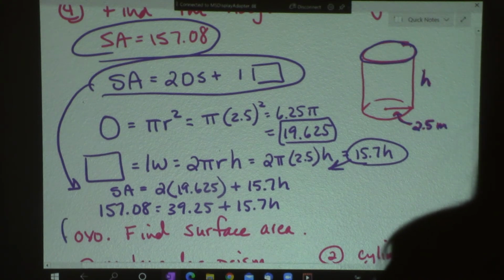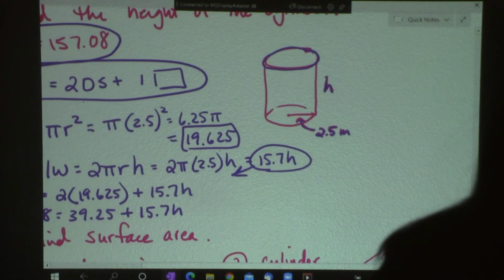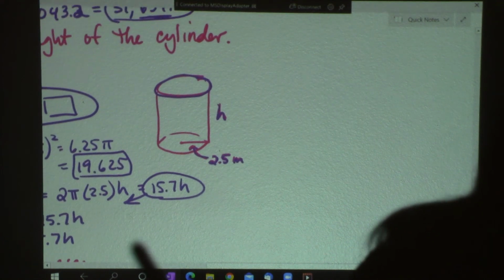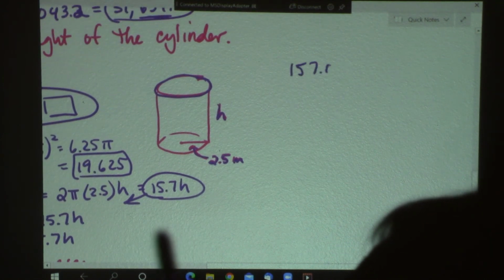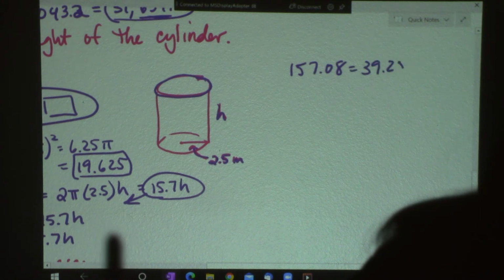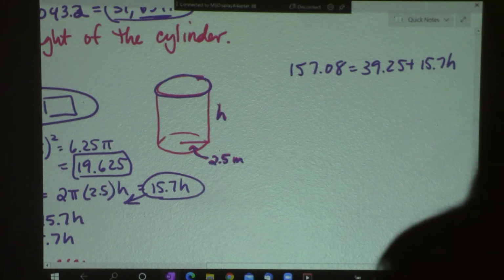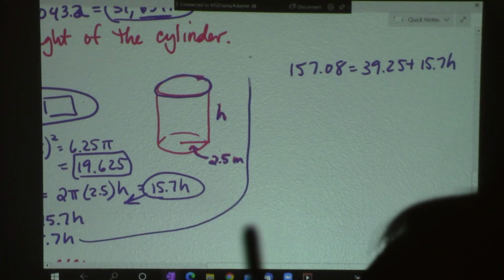We're running into your OYOs down here, so I'm going to move over here. I'm going to rewrite that. 157.08 equals 39.25 plus 15.7h. Okay, so now I just rewrote it up here.